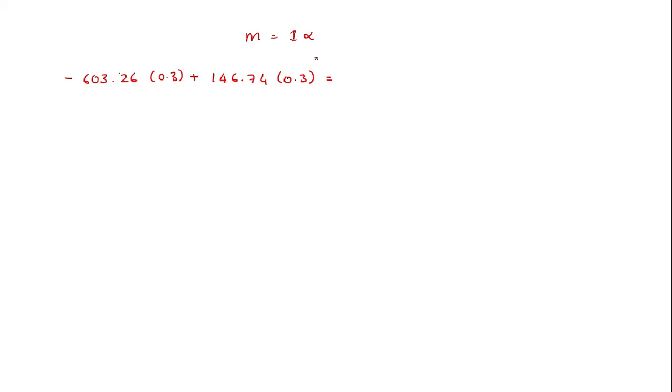Now here, the mass as well as the radius of gyration is given, so I will be equal to M into K square. So M is 500 kilograms into K square, 0.2 square, into alpha. If you solve this, you will get alpha is equal to minus 6.848 radians per second square.